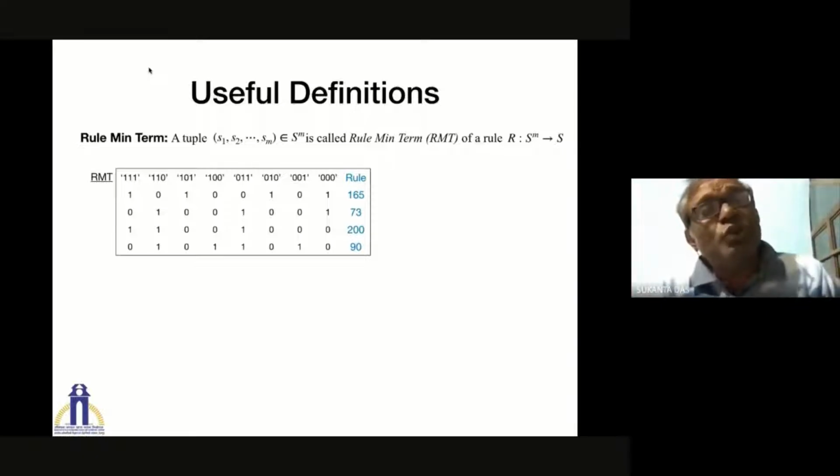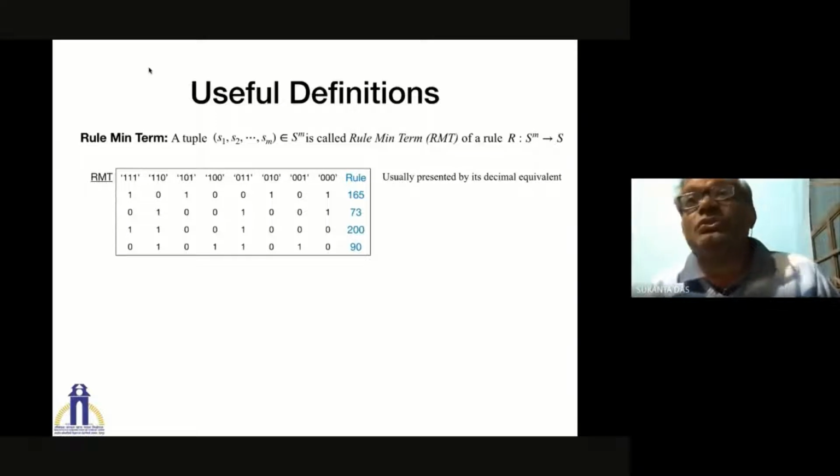Normally we represent an RMT by its decimal equivalent. Say for example 0, 0, 0, in this case it's a binary number, so we call it 0. And 1, 1, 0 in binary means 6 in decimal.